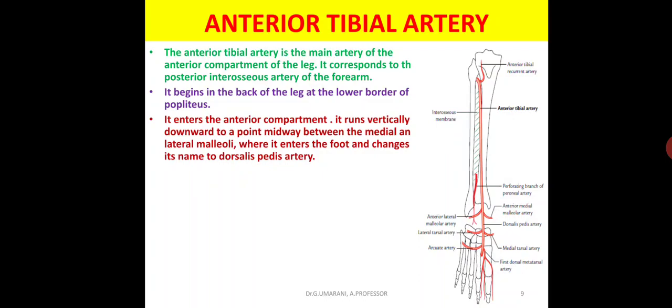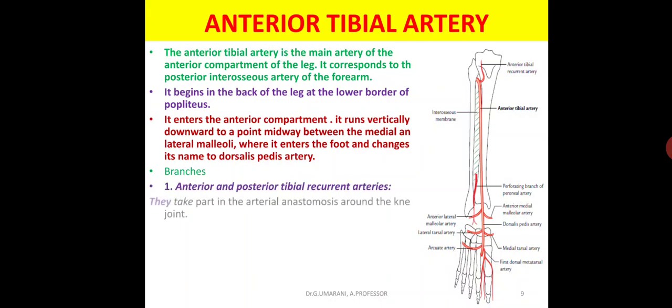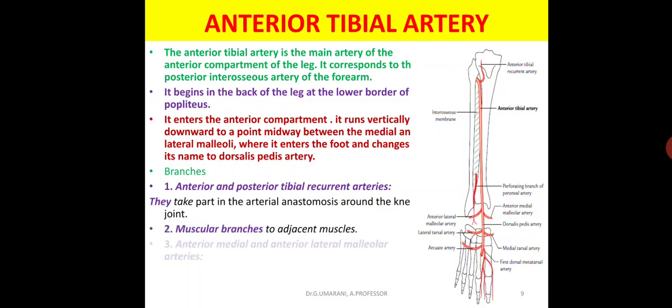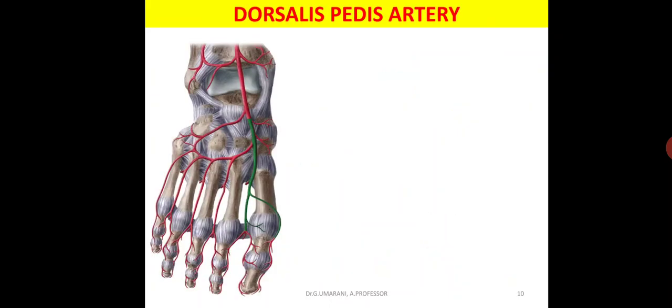So from the lower border of the popliteus muscle it arises and ends as the dorsalis pedis artery in between the two malleoli. The branches of the anterior tibial artery are the anterior and posterior tibial recurrent arteries, which take part in the arterial anastomosis around the knee joint, and the muscular branches to the muscles of the anterior compartment, whereas the anterior medial and anterior lateral malleolar arteries anastomose around the ankle joint.